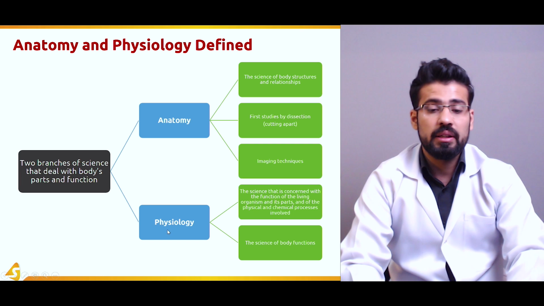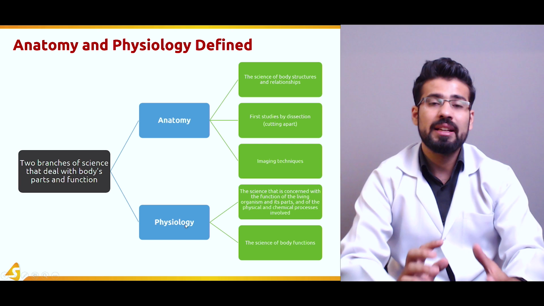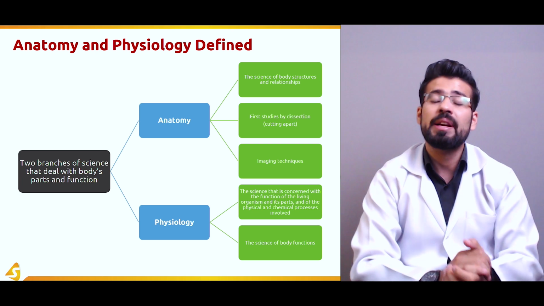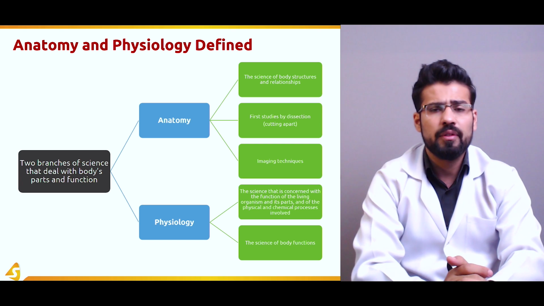Talking about the other major branch, which is physiology, it dealt with the structural and functional relationships. Its major focus was to study the functions of the different parts of the body.